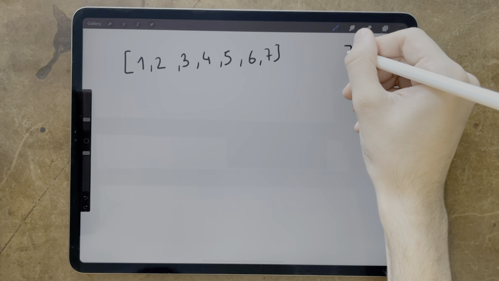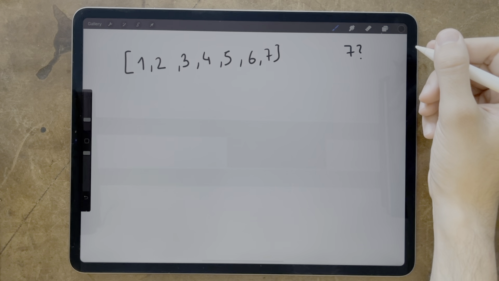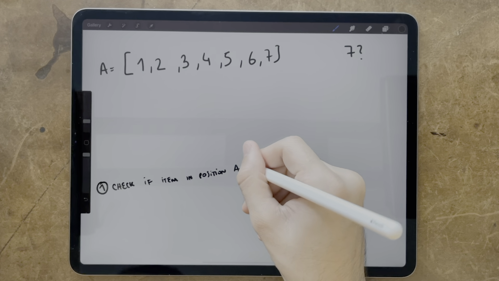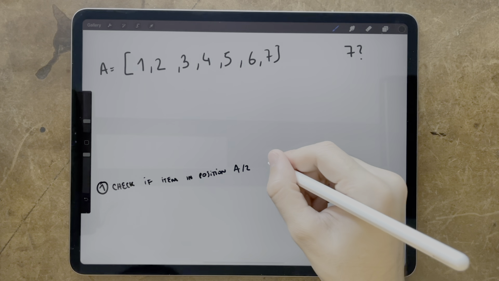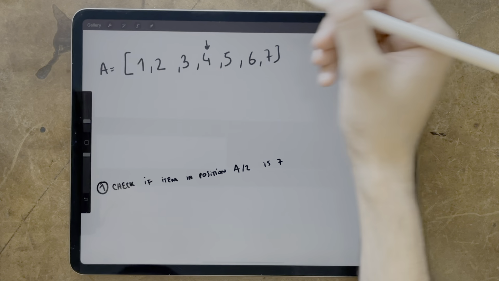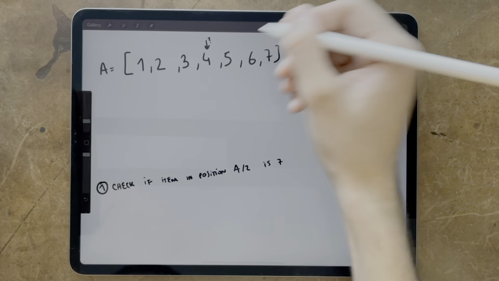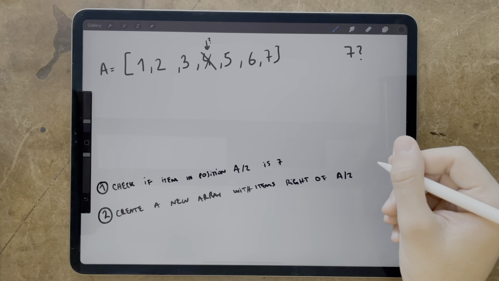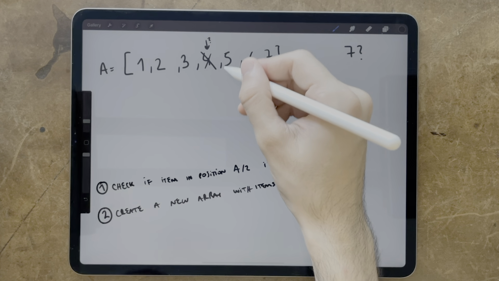Now that we have the classification notation, let's look at examples with some popular algorithms, like the binary search for sorted arrays. The binary search takes an item, hopefully near the middle of the array, and checks if it's the one we are searching for. If it's not, it then checks if it's smaller or bigger. Let's say that it's bigger. It proceeds to create a new array with only the items right of the one we compared before.